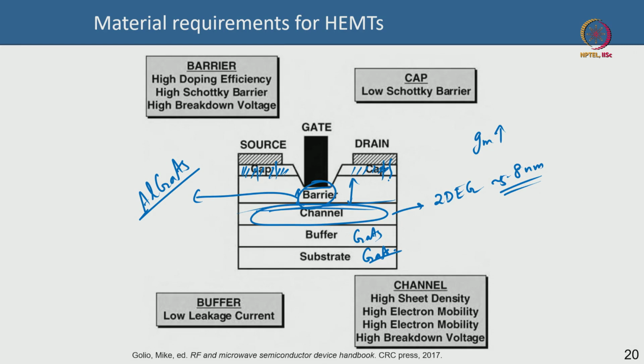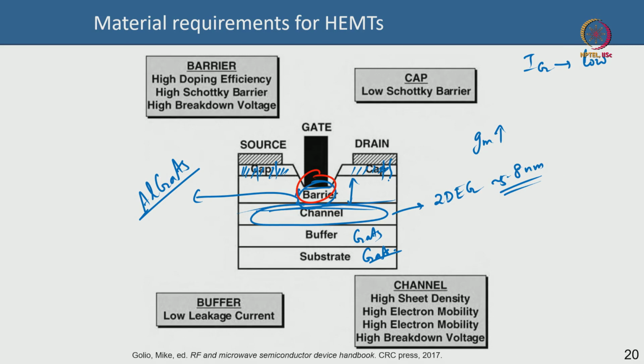What are the things that you need? The gate leakage Ig should be as low as possible, and for that you need a good Schottky contact or Schottky barrier. There are process steps for improving the barrier. Also you need a good metal that can actually make a Schottky contact.